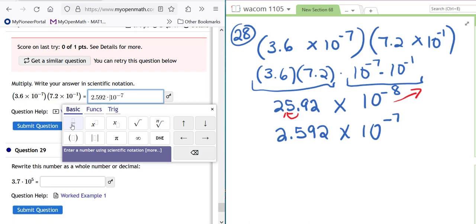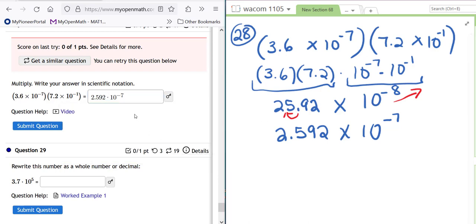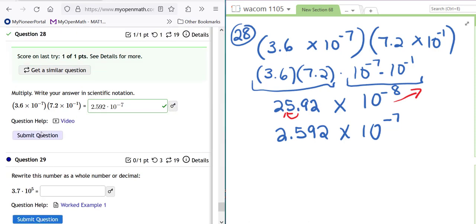So let's put that in, and it did put a dot, so that should be good. On the keyboard, I did the asterisk, which if you have a number pad, or it is above the 8. And it turned it into a times here. So let's submit and see if they're happy with that. Okay, so they're happy with that way. So use the asterisk.